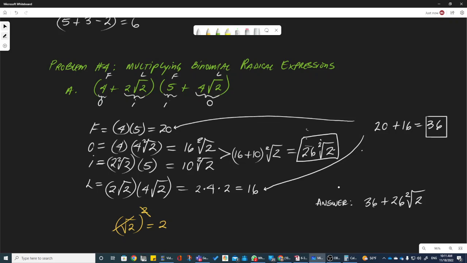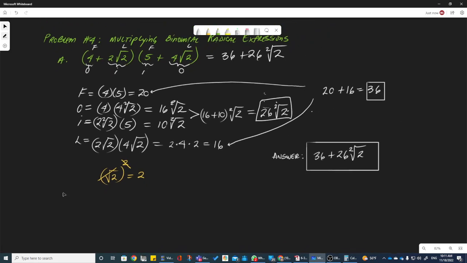That's the answer. So the answer to this will be 36 plus 26 square root of 2. Okay?